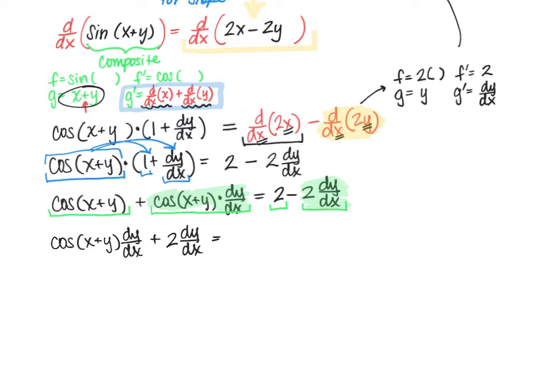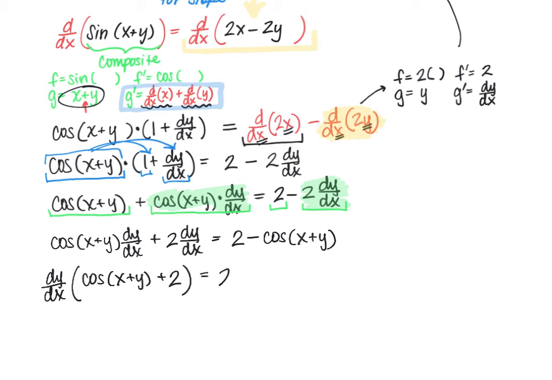And on the right-hand side, I still have that 2, and then I'm subtracting the cosine of x plus y, because it did not have a dy over dx. This is going to let me factor out dy over dx and be left with cosine of x plus y plus 2, which will eventually allow me to divide and solve for dy over dx.